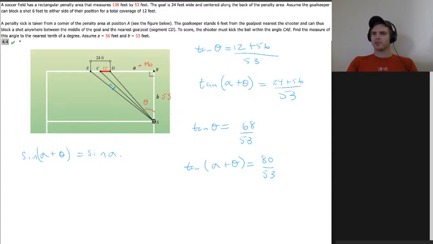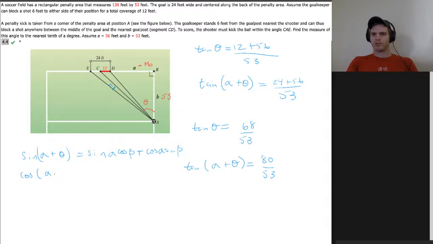Sine alpha, cosine beta, cosine alpha sine beta. Actually, there's probably just one for tangent. Let me just figure it out.